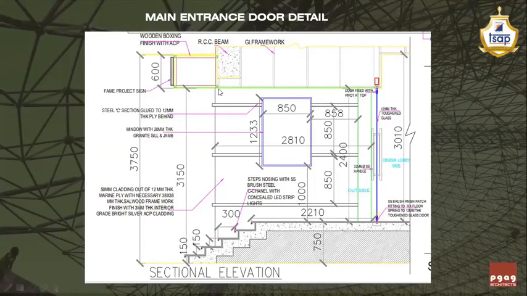So we give a 6 mm groove in the gypsum sheet itself. The gypsum sheet is 12 mm thick, and in that we give a 6 mm groove wherever it touches any material other than gypsum.